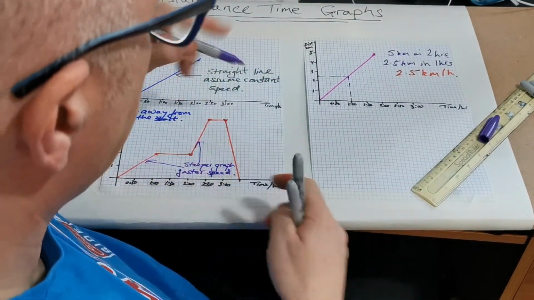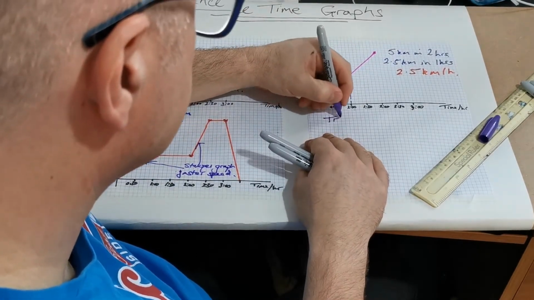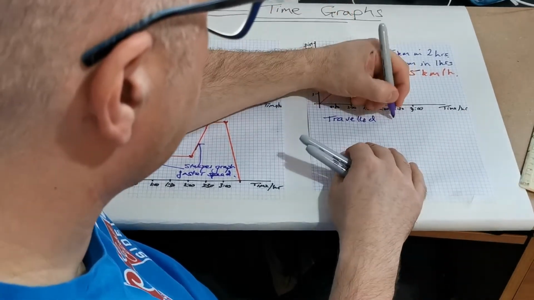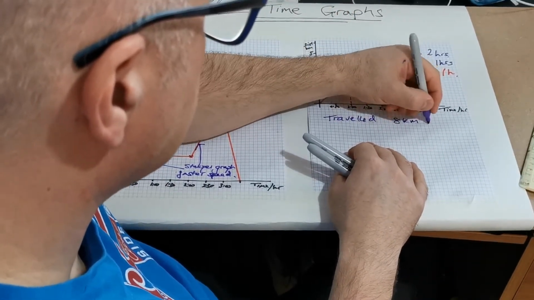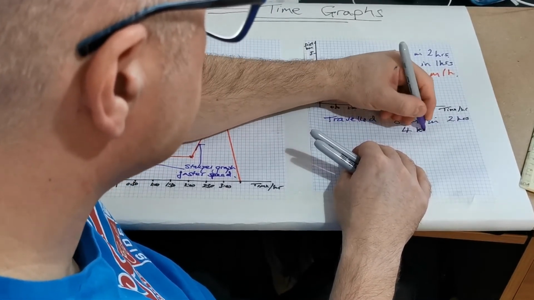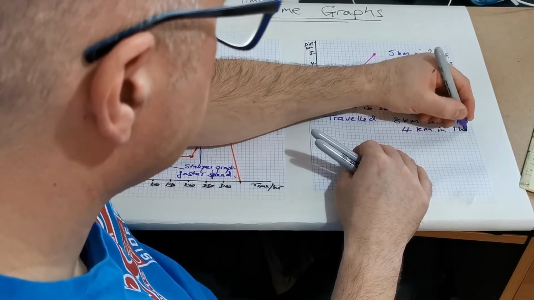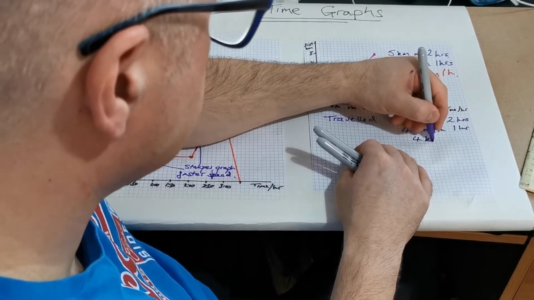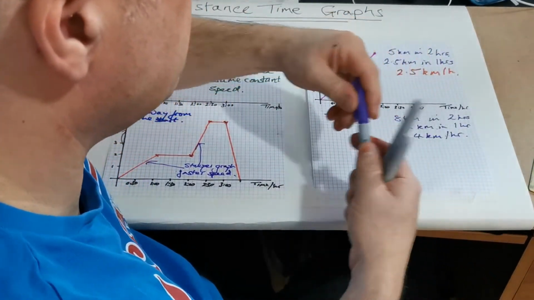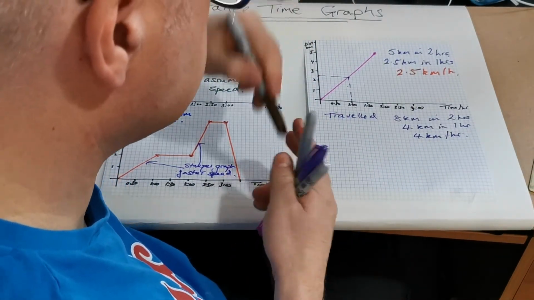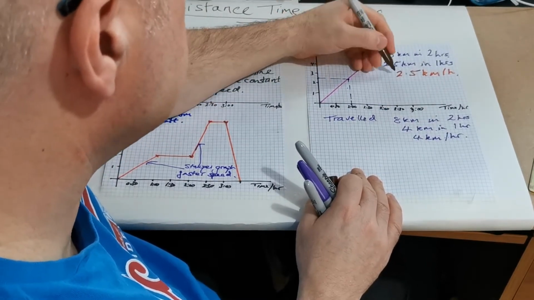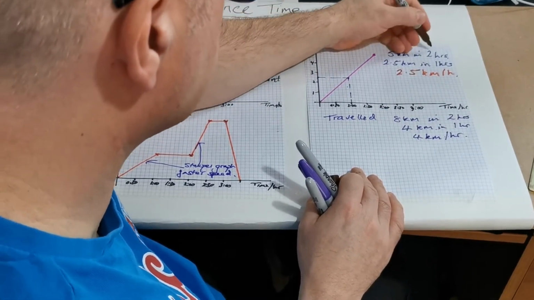And you know, if I'd have travelled 8 kilometres in 2 hours, you would say that's 4 kilometres in 1 hour. That's 4 kilometres per hour. And what we're looking at then is the whole idea that 4 we can clearly see comes from 8 divided by 2, and 2.5 comes from 5 divided by 2.